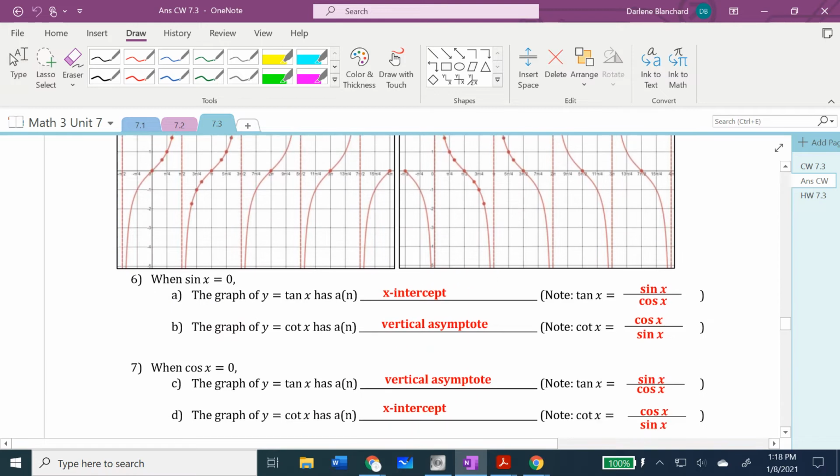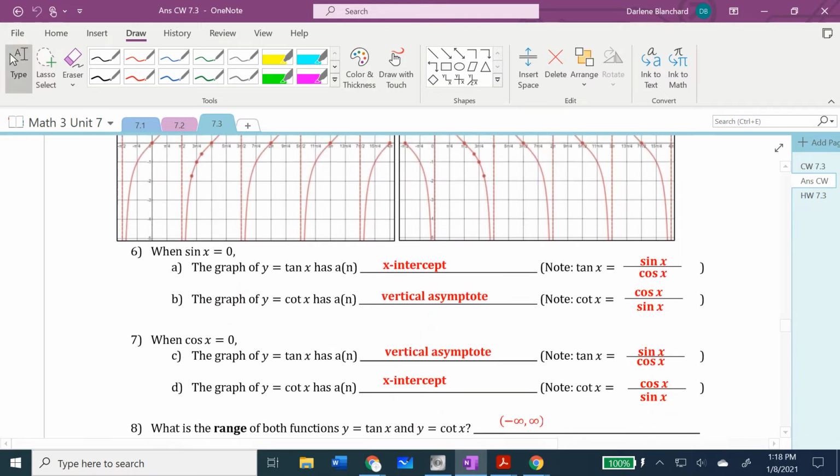And I want to make sure that you are clear on number 6 and 7 because it can help you tremendously if you take a math class again where you need to use trig. This will help you to remember how to come up with these graphs. So what I'm trying to say over here on the right is tangent x is equal to sine divided by cosine.